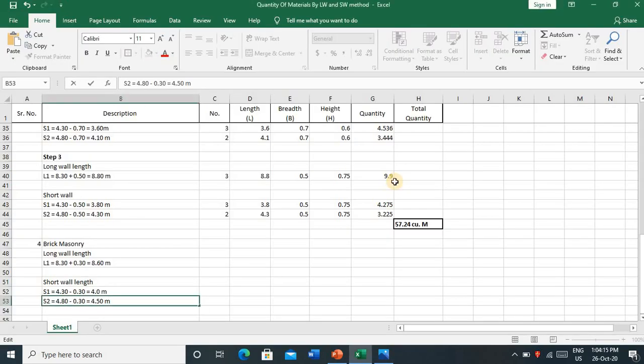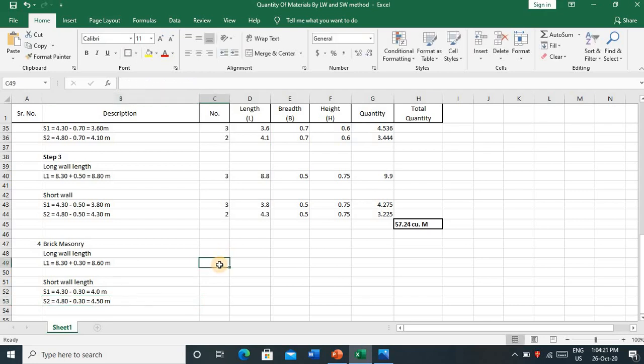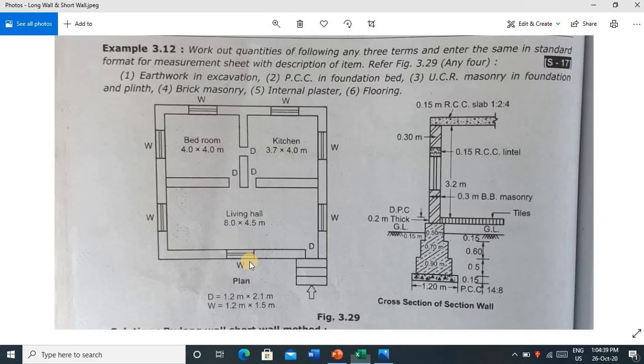Again going to the short wall and long wall length. Okay, brick masonry. For long wall total numbers are 3, length we have calculated 8.60, width is 0.3, breadth is 0.3, height is, see how you will get the height here. The total height is given as 3.20 meter.